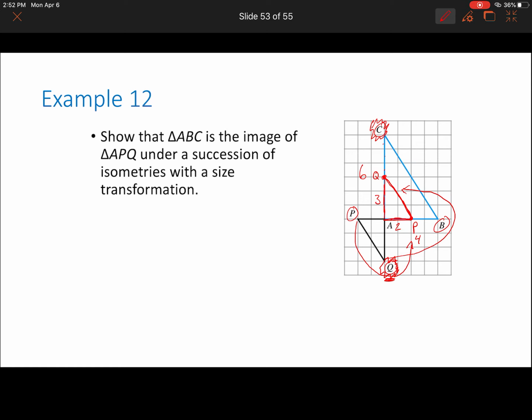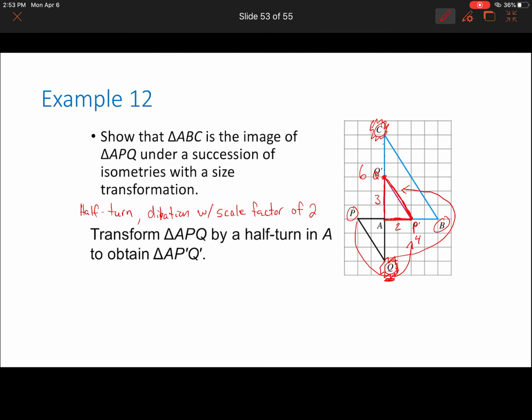So a half turn would give us the triangle I've drawn in red. And then a dilation with a scale factor of 2. So that's how we would get that new triangle.